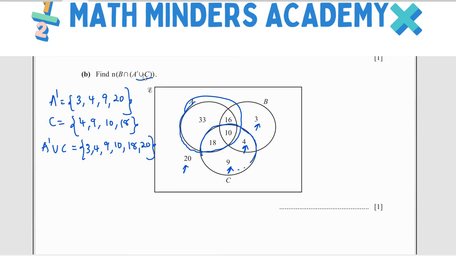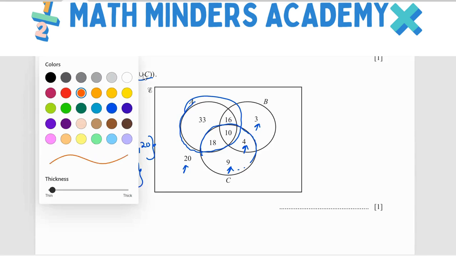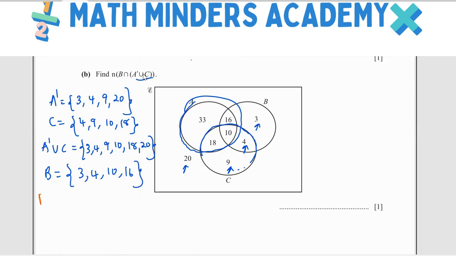Now, the set B here contains everything inside B, which is 3, 4, 10, and 16, okay? So now we are going to look at the intersection. We want to look at B, the intersection of B and this set here, A prime union C. So we want to look at the intersection of this and this. What is common there?